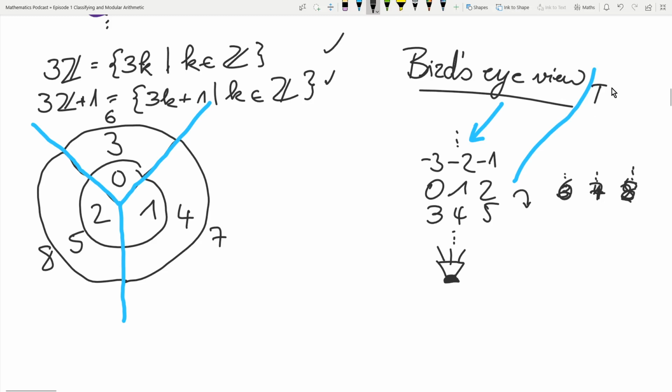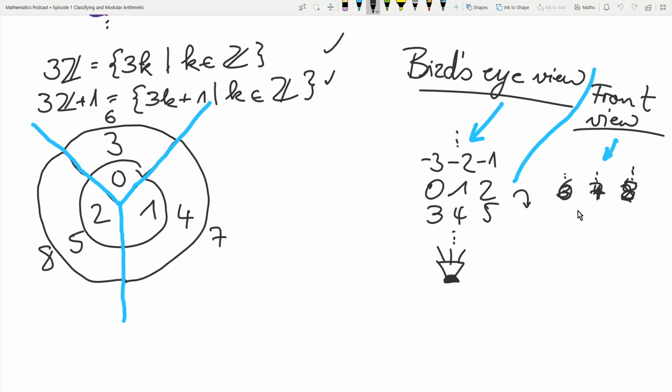This is better. And viewing it from this angle, you can easily see that there are only three main structures: the ones that are divisible by 3, the ones that have remainder 1, and the ones that have remainder 2.